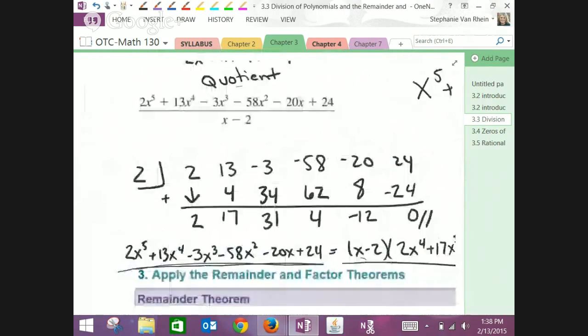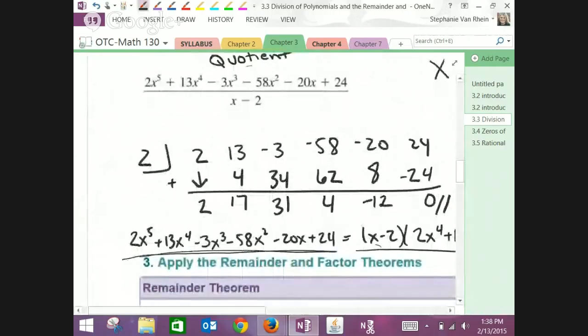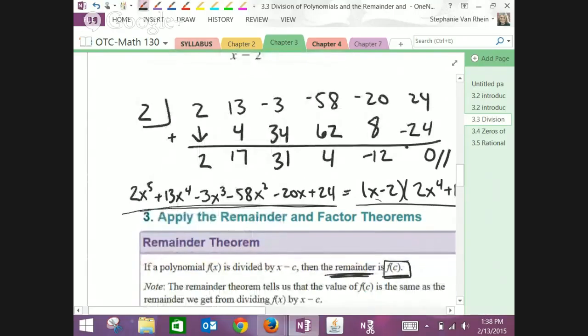Some of these, it might be a lot faster to do synthetic division than take 2 to the 5th times 2 plus 13 times 2 to the 4th, minus 3 times 2 to the 3rd, minus 58 times 2 squared. I did all this without a calculator, right?